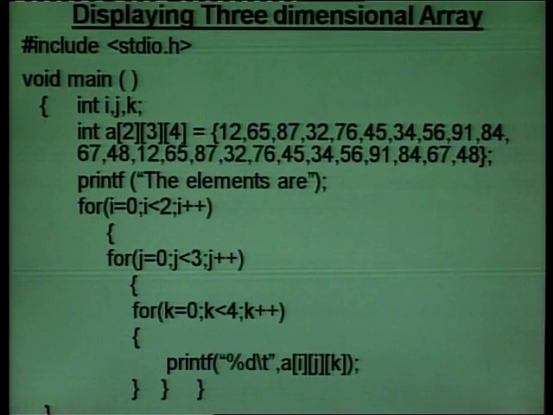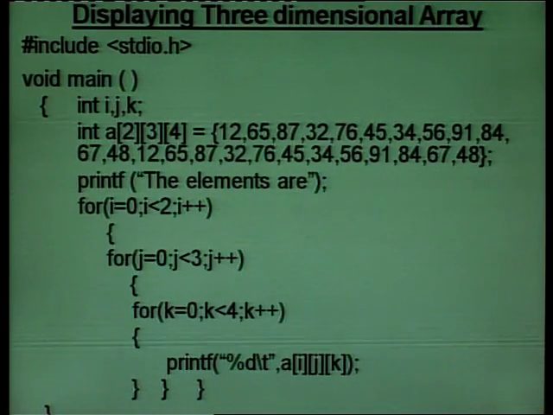After that I initialize the array A, whose data type is integer and whose size is 2 as sets, 3 as rows and 4 as columns. The total number of elements is 24, which we declare here by initialization of the 3-dimensional array.